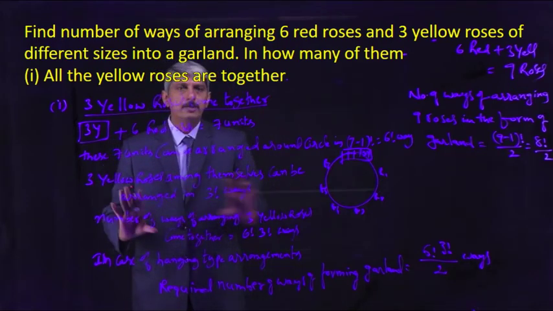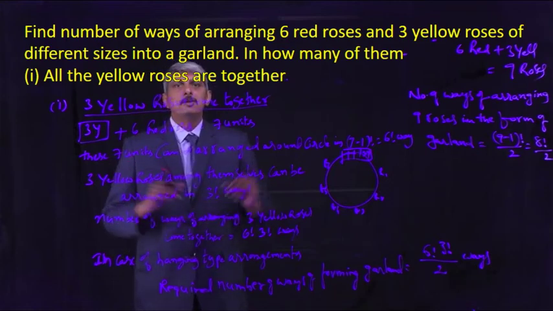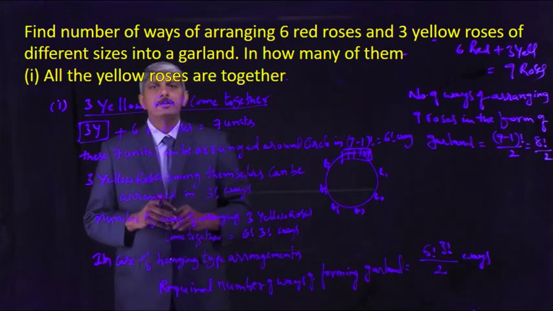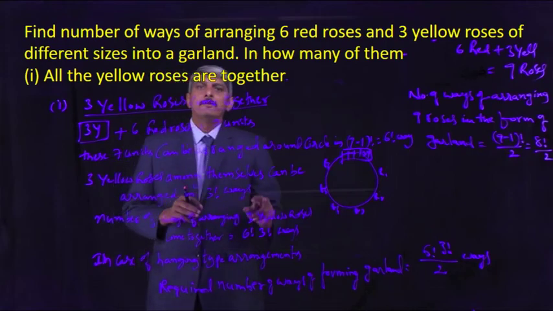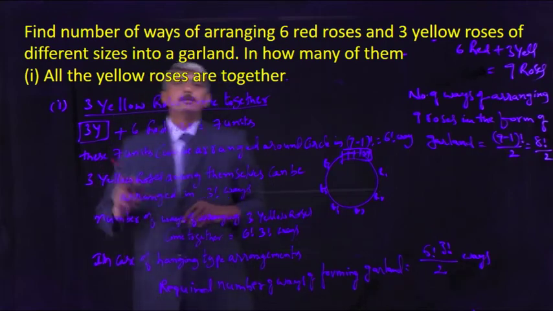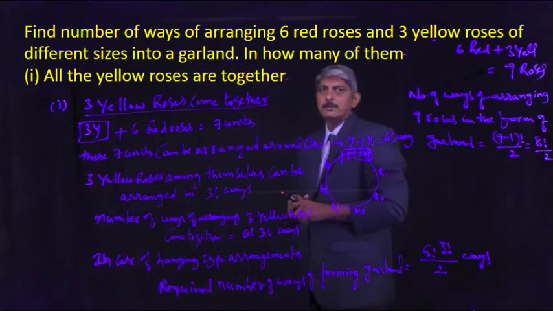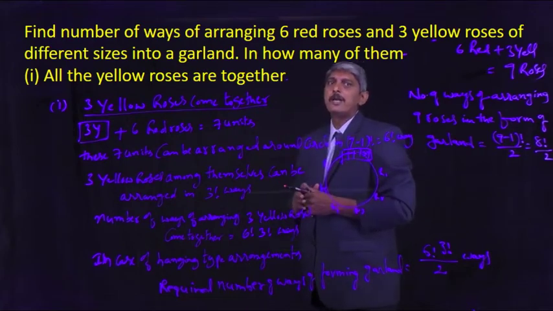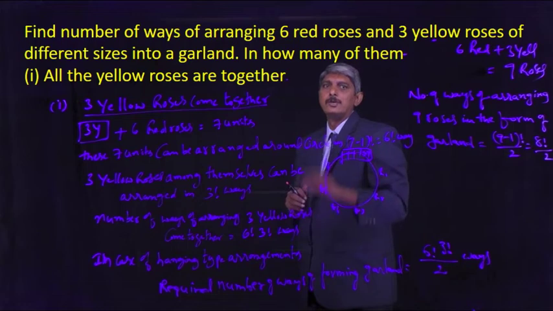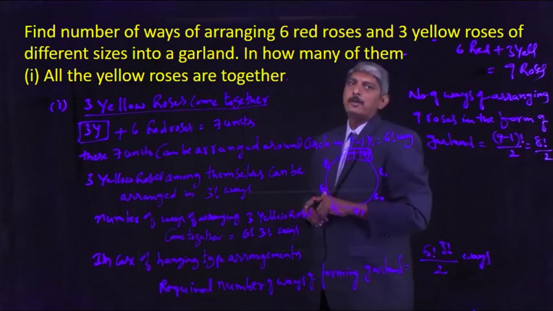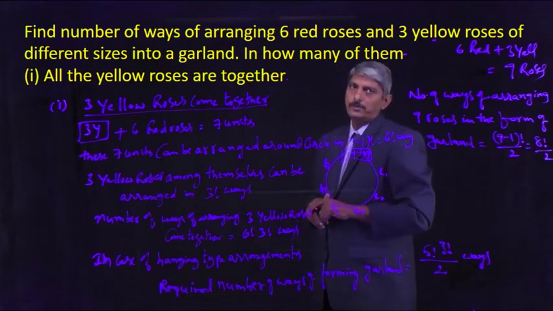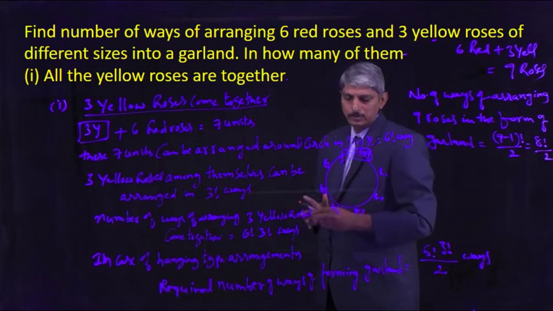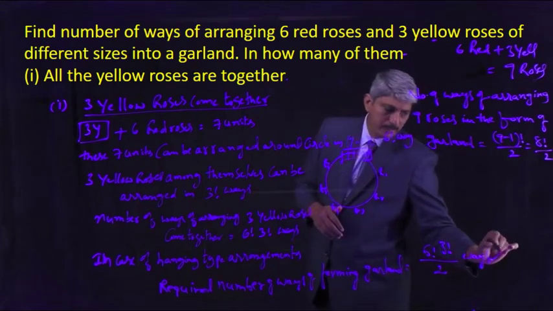Here the circular permutations are 6 factorial into 3 factorial, with the condition that 3 yellow roses come together. Therefore, the number of ways of forming the garland in the case of hanging type arrangements is 6 factorial into 3 factorial divided by 2. So this is an employment problem.